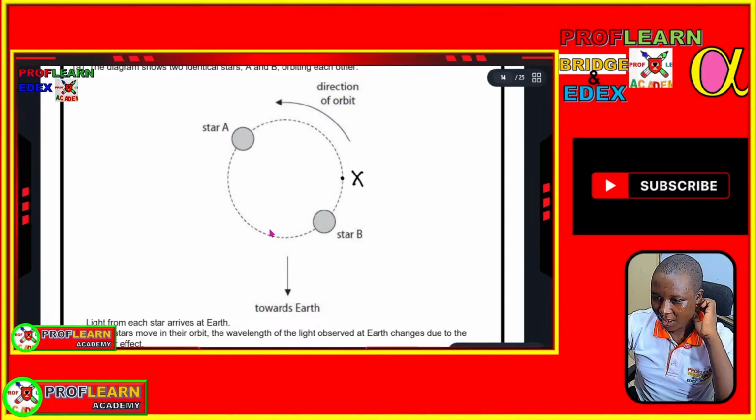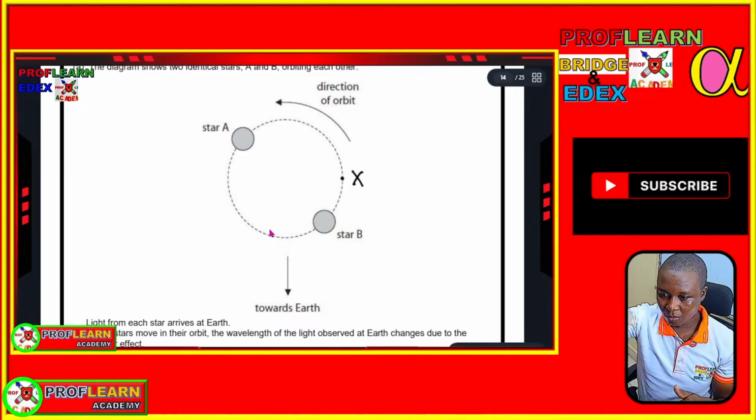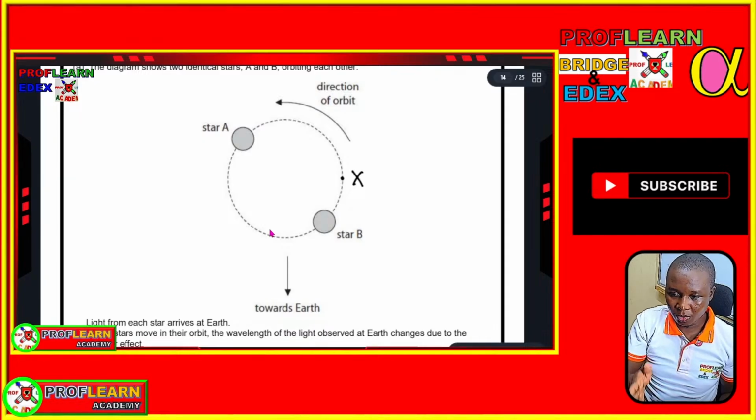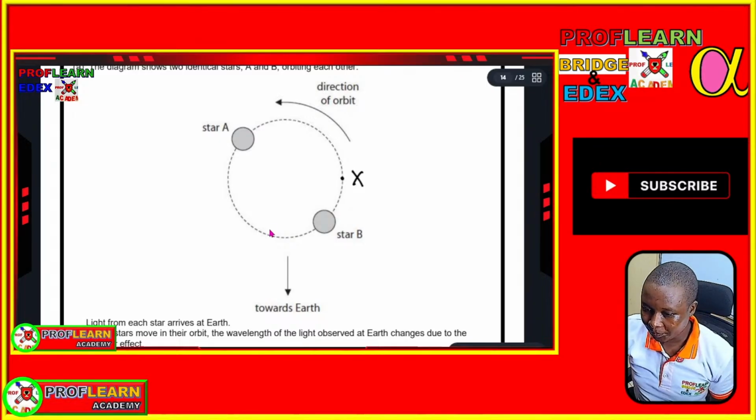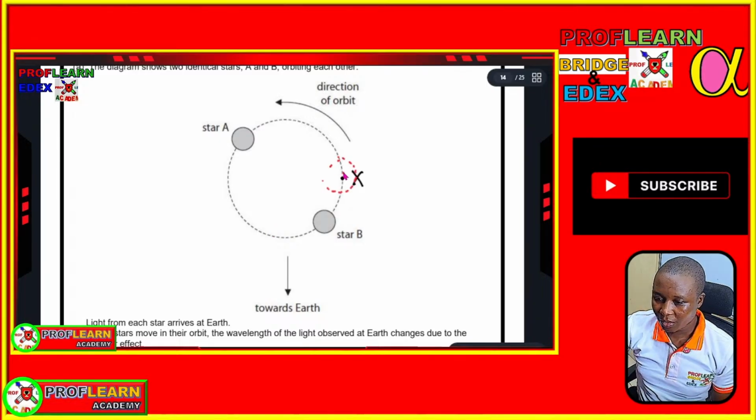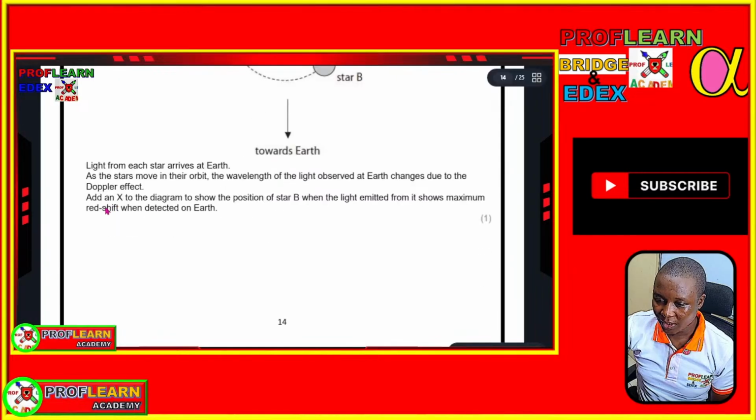At point A, when it's going this way, it will display a blue shift because it will be approaching the Earth, so the wavelength observed from Earth will be shorter.